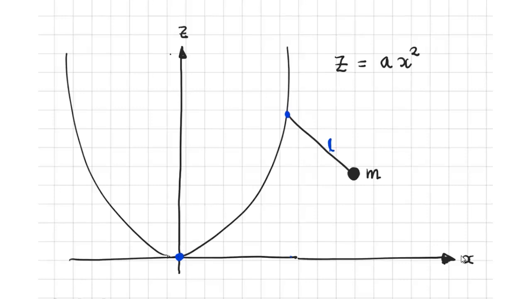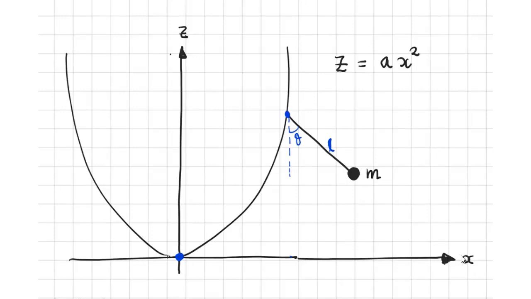So the first step we are going to take here is to see what are the coordinates of the mass along the x-axis and the y-axis respectively. For example, here we need to know what is the angle that the string is making with the vertical line, or the z-axis.